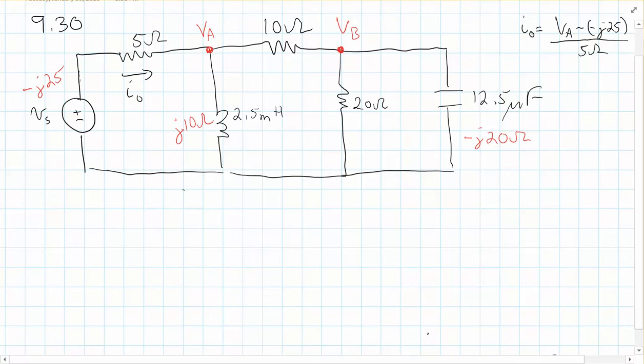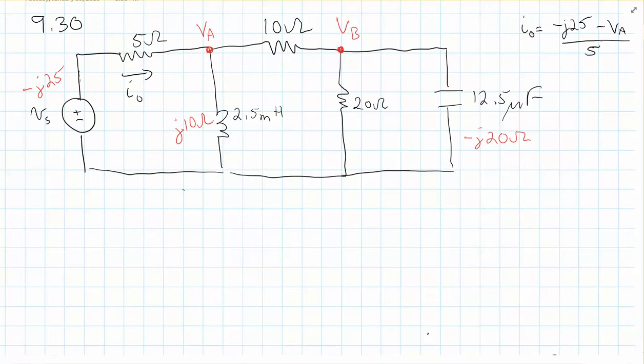I'm sorry, I have it backwards there. So let me erase that and actually write it correctly, because remember, it's what's at the tail of the arrow minus the other, so it would actually be minus J 25 minus VA over 5. So that's what I out would be.